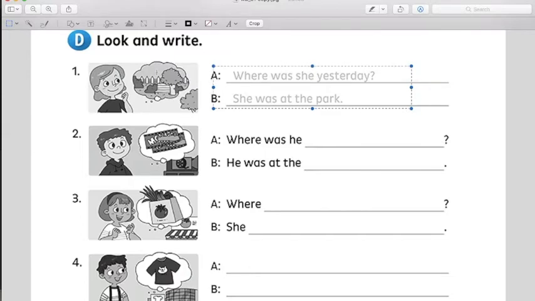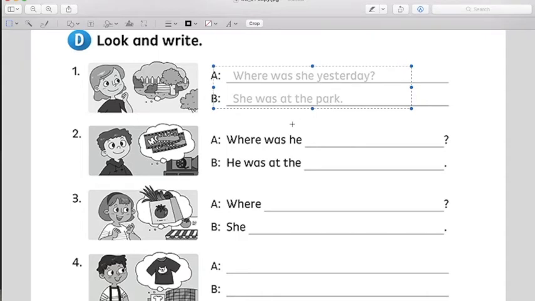She's thinking about the park, right? She's thinking about the park. So we asked the question, where was she yesterday? So we're going to be using the pronouns he or she. Where was she yesterday? Looks like at the park. She was at the park.